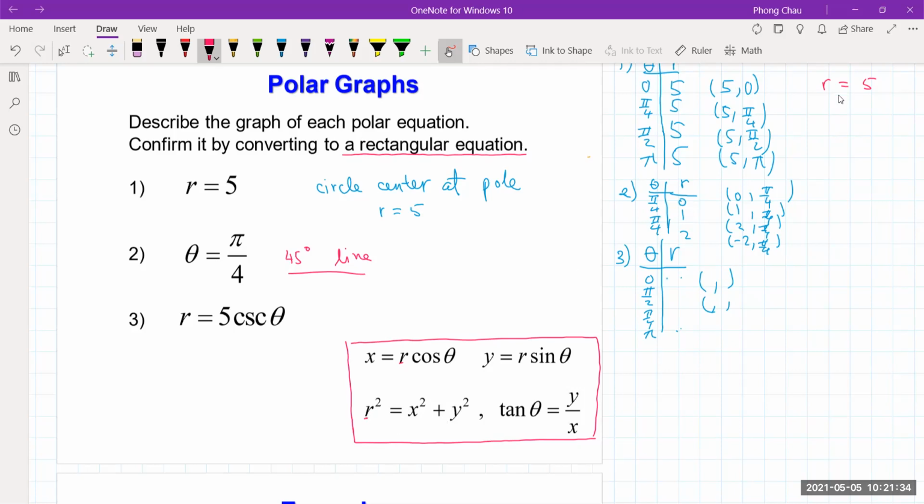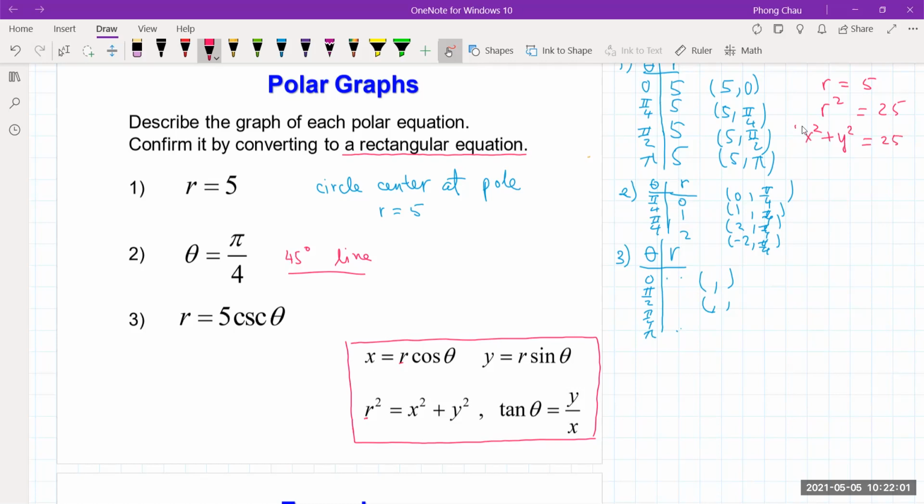But I have r equal 5, here I have r squared. So that suggests I'm going to square both sides first. Okay, r squared equal 25. So r squared is the same as x squared plus y squared. So I replace r squared with x squared plus y squared.